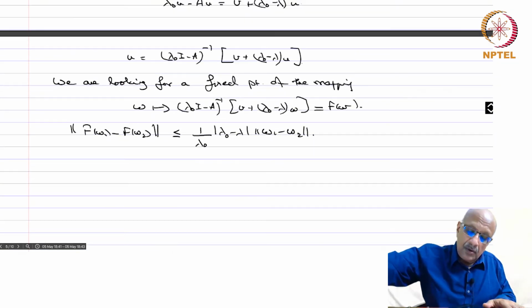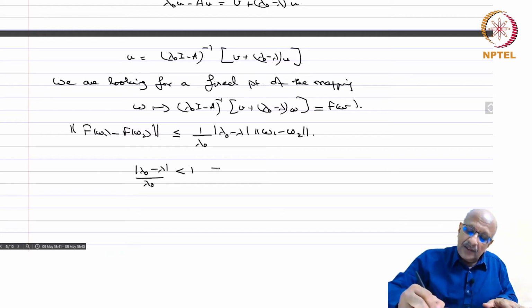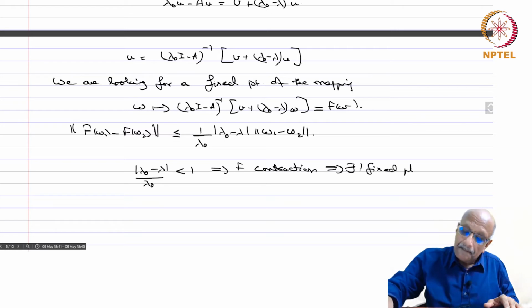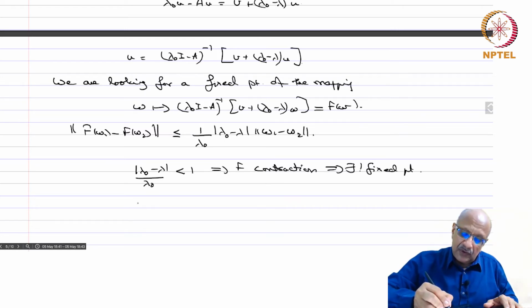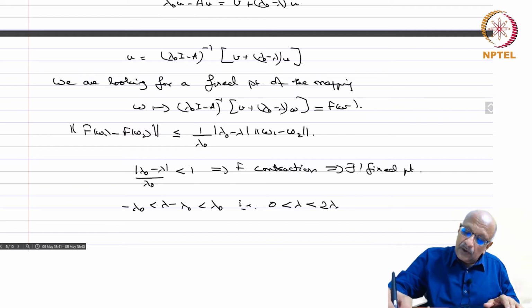So, if mod (lambda naught minus lambda) by lambda naught is strictly less than 1, then f is a contraction in the sense of metric spaces, which implies there exists a unique fixed point. So, when does this happen? This means minus lambda naught is less than lambda minus lambda naught, which is less than lambda naught, and that is, 0 less than lambda less than 2 lambda naught. Okay.